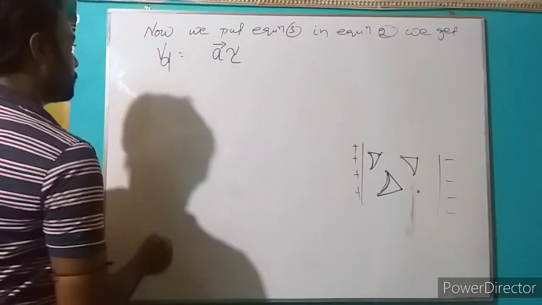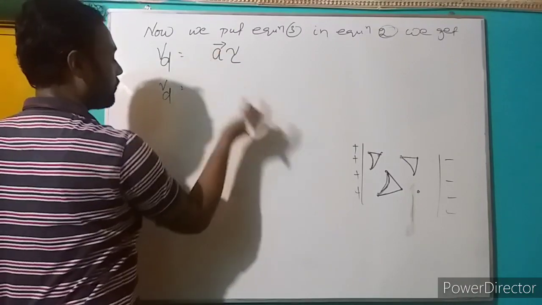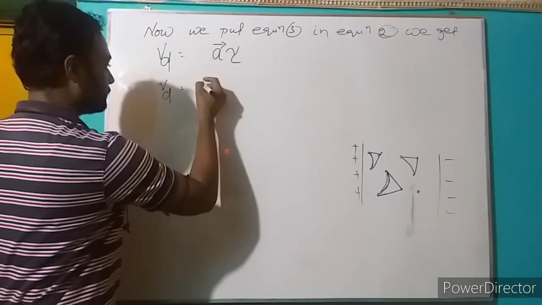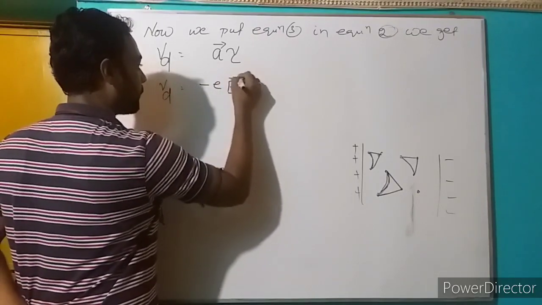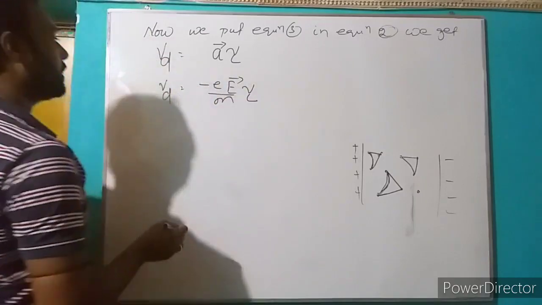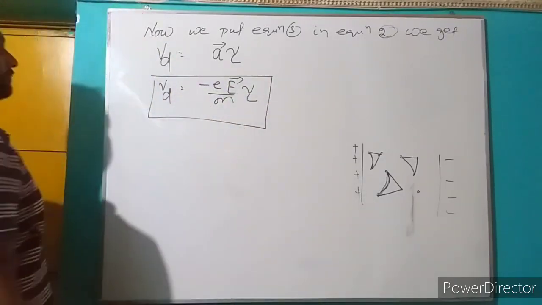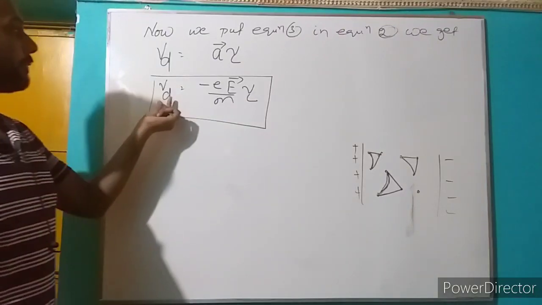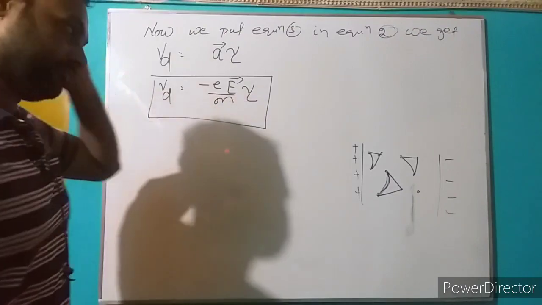So Vd equal to A vector means minus E vector by m into tau. So this is the drift velocity. The formula of drift velocity is given by minus E by m into tau.